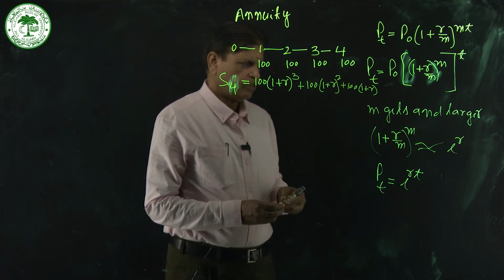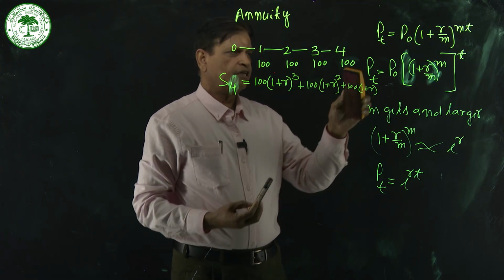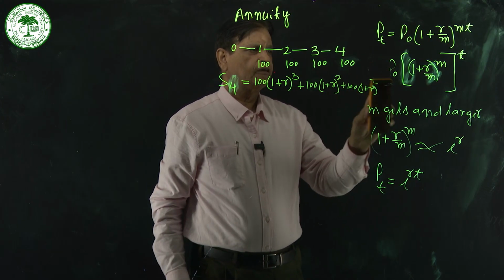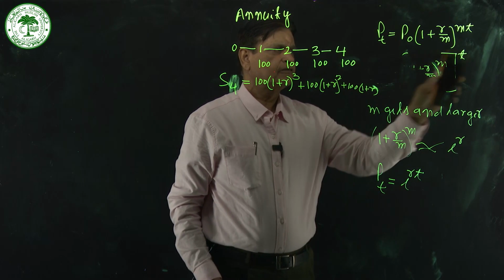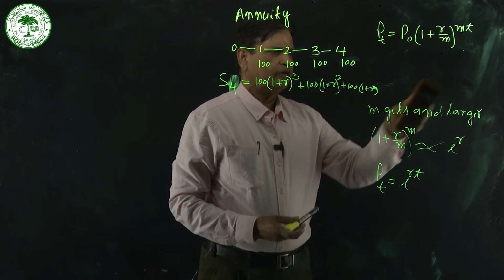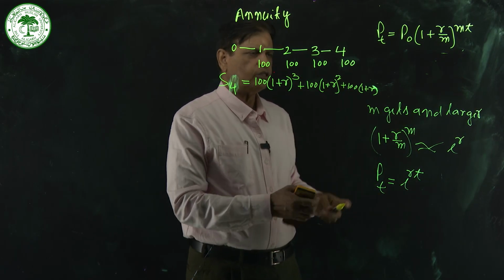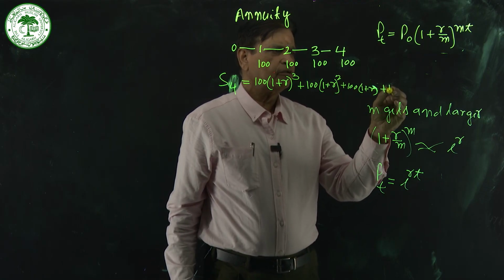So let me remove this one so that there is no confusion, because this is being extended. So we'll remove this. And so the money that you will receive at the fourth year will be the same.